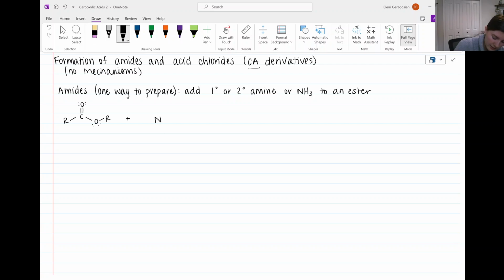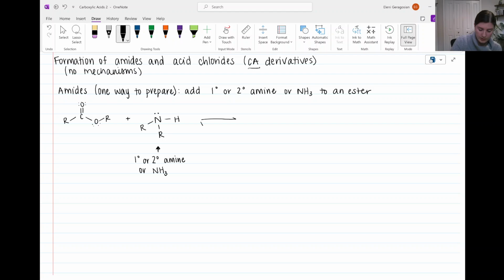So we've got nitrogen bonded to at least one hydrogen, and then two other R groups. One or both of those could be a hydrogen. That would be NH3. They could both be carbon chains. One of them could be a carbon chain. So this is a primary or secondary amine, or NH3.